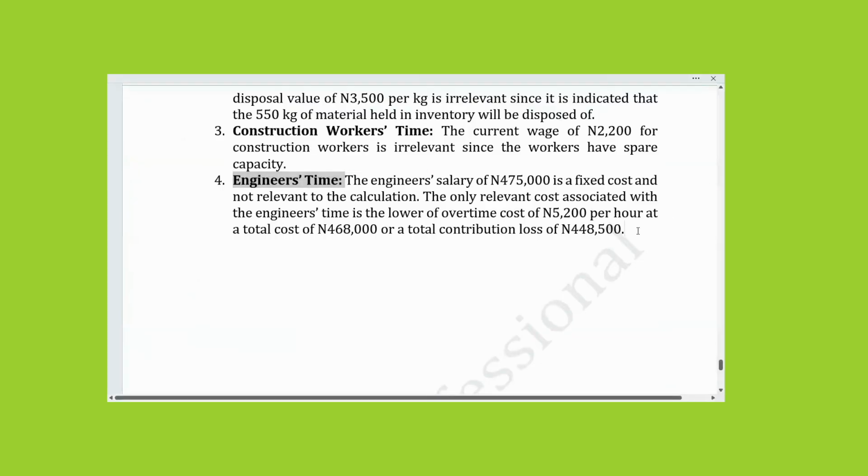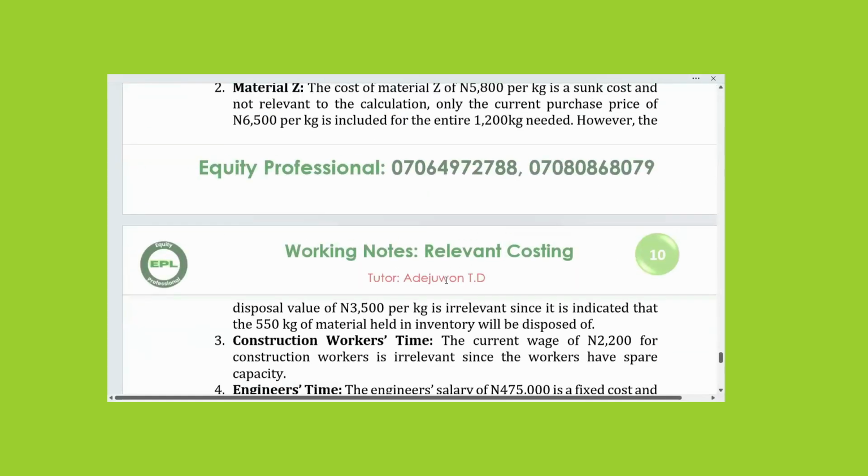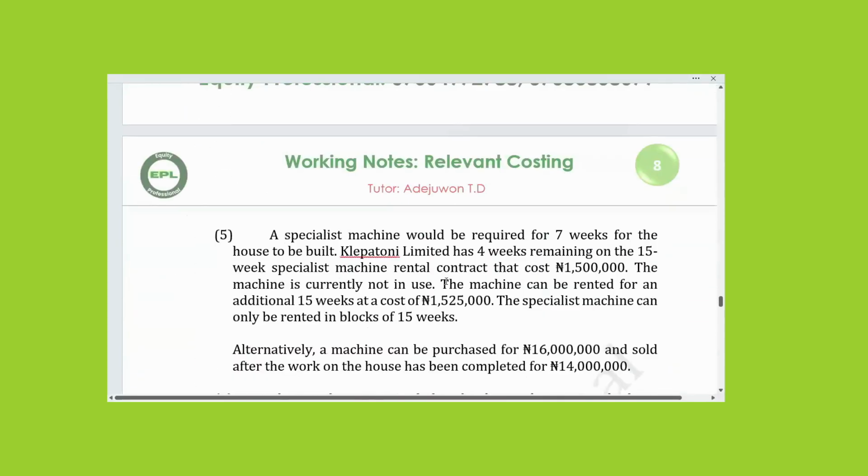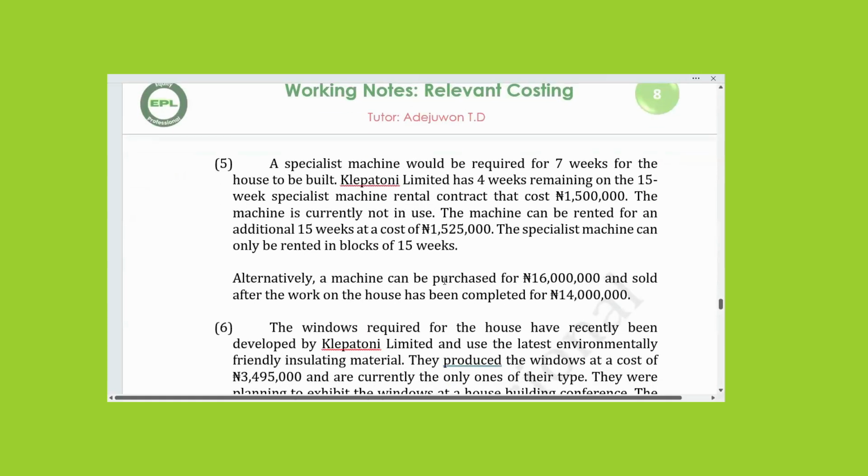Number 5, we have the specialist machine, and under the specialist machine, we said that the 1.5 million naira is a committed cost and not relevant to the calculation.